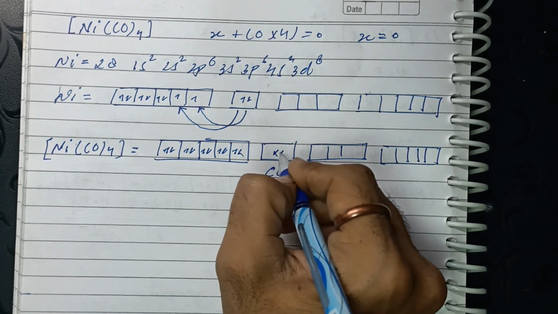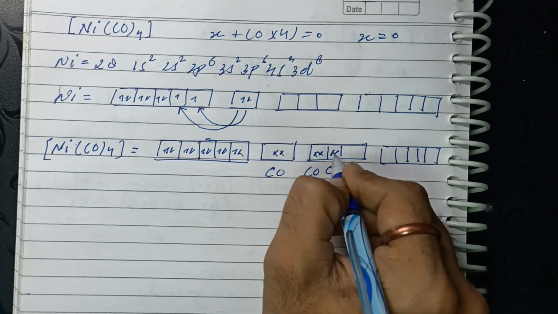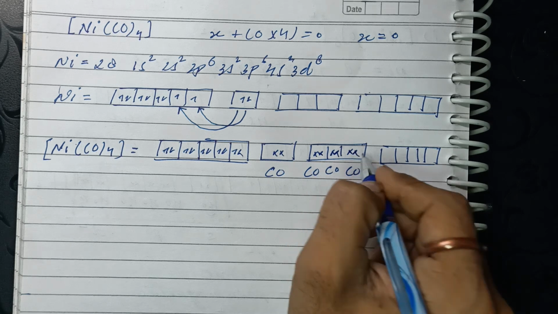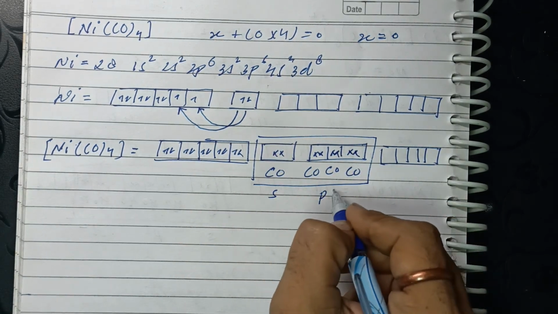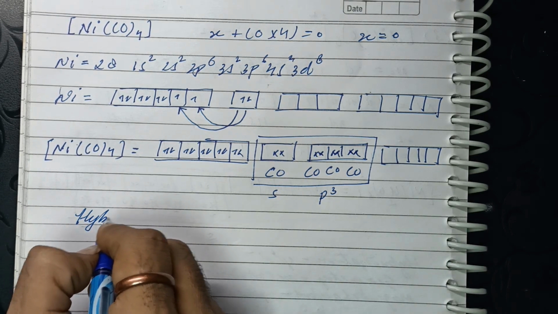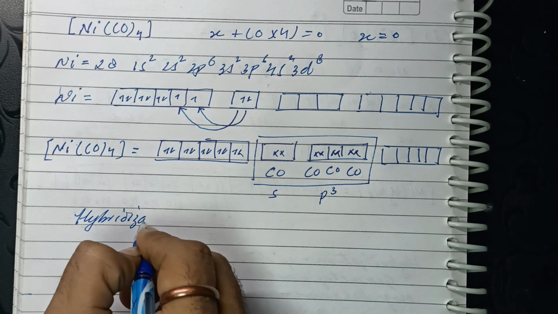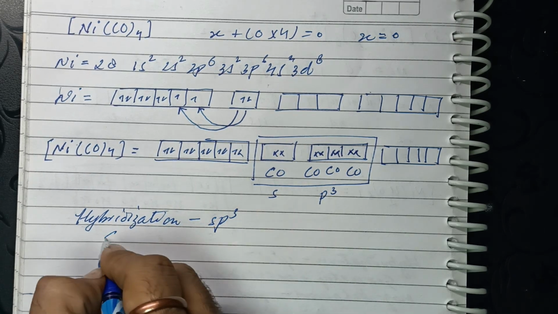Carbonyl will donate its lone pair in 4s and 4p. Therefore, the hybridization will come out to be, as you can see, sp3.